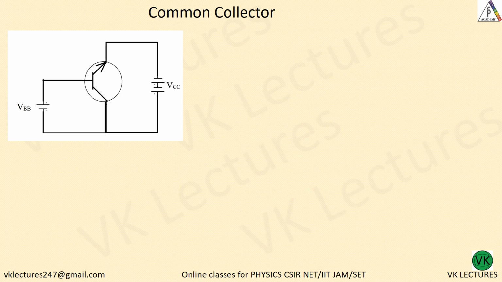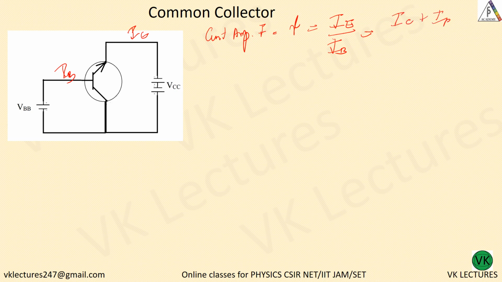Now here this is the input. IB will be input. IE will be the output. So current amplification factor, let us write it as gamma. So gamma will be equal to IE by IB, right? Now what is IE? IE is nothing but IC plus IB.